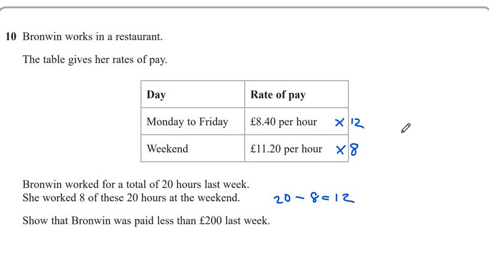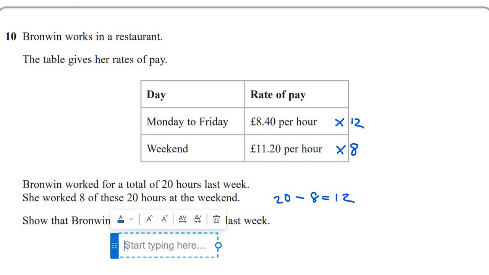And then, now if you do this calculation, how much is her pay for the week? So we need to do 840 times 12, and then for the weekends it's 1120 times 8 hours of work during the weekend.